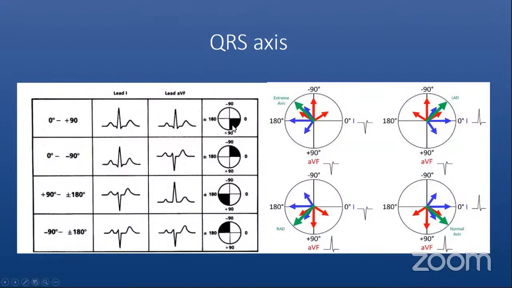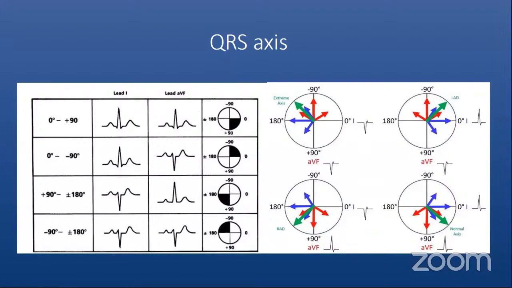Now to find out what the exact axis would be, a simple way of remembering is to look at the highest amplitude of any limb lead. Whichever lead has the highest amplitude of the QRS complex, usually that is the QRS axis of that ECG.